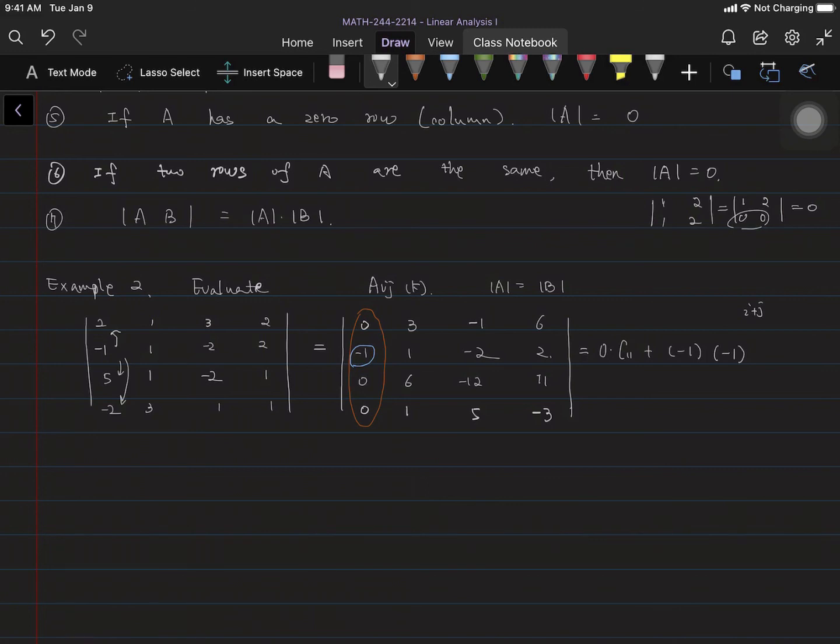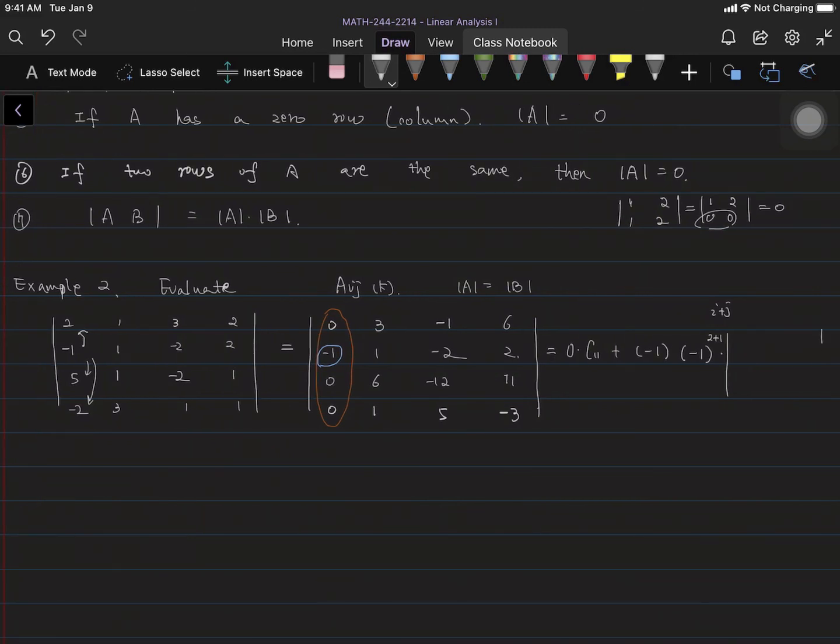Row 2, column 1, so it should be 2 plus 1. And then times the minus, which is the left matrix determinant after we delete the second row, first column. It's kind of messy here, but if you look at it, I'm going to delete this row.